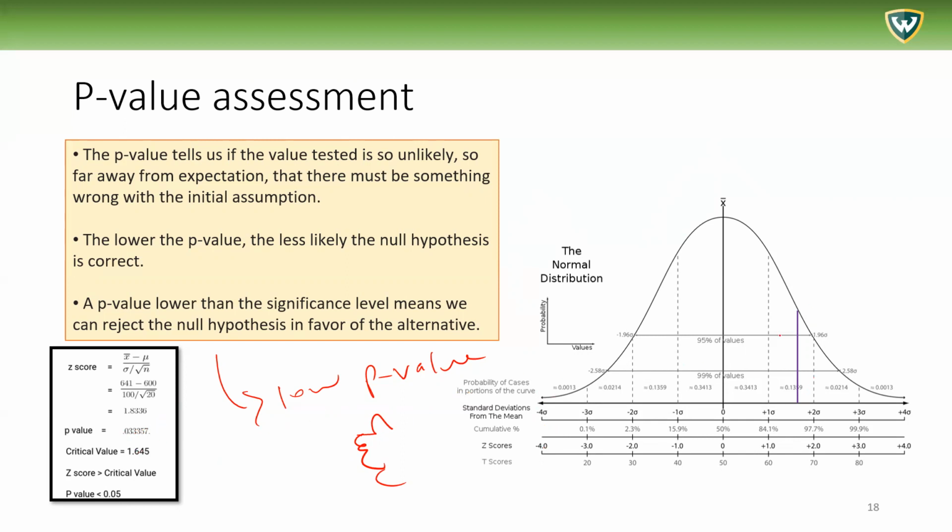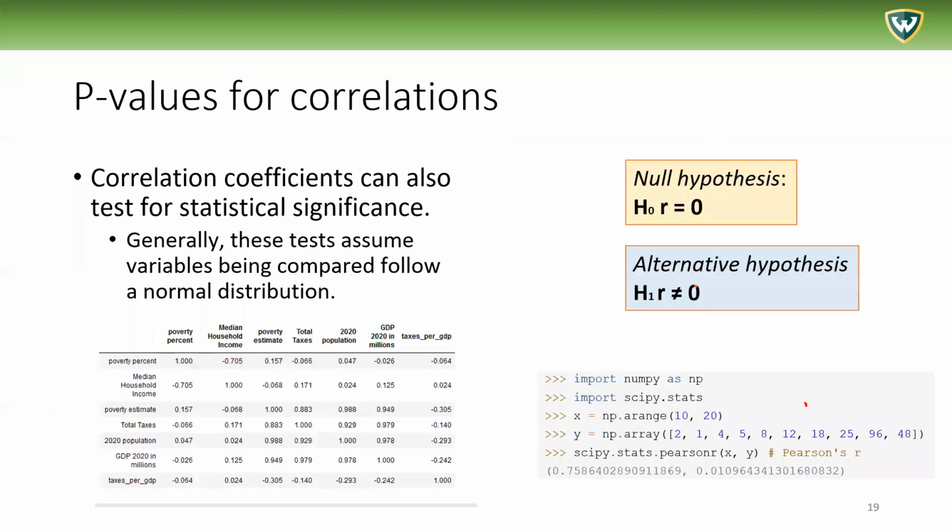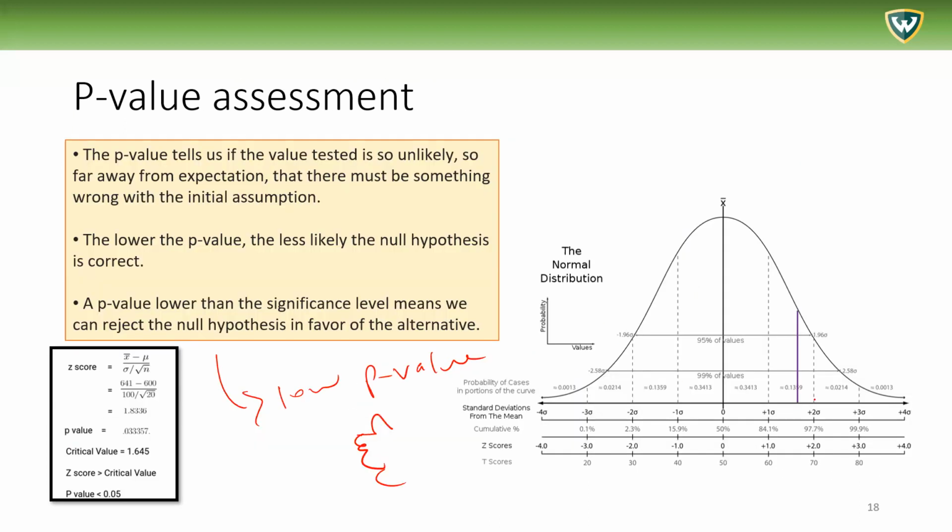0.05. Once again, why? Because if you want to reject the null hypothesis, that is, if you want to be statistically significant, you find statistically significant differences. So once again, our z-score is around over here, 1.8, which is very far away from the mean.